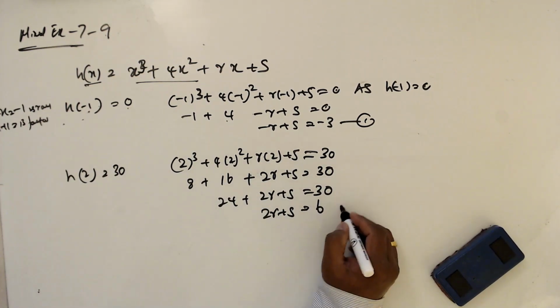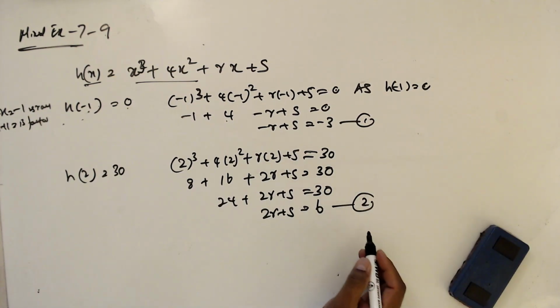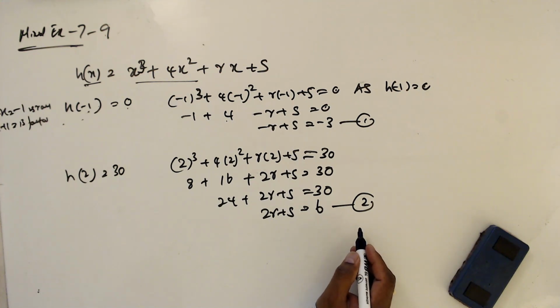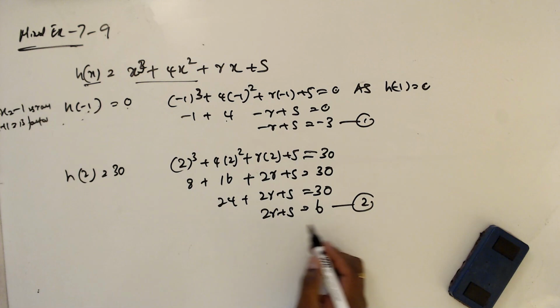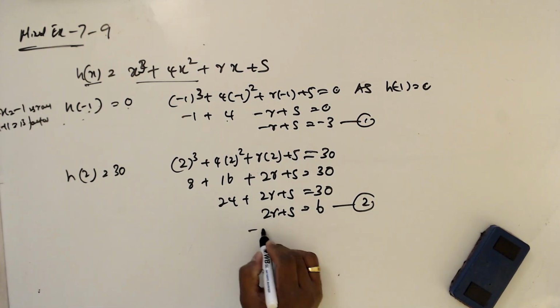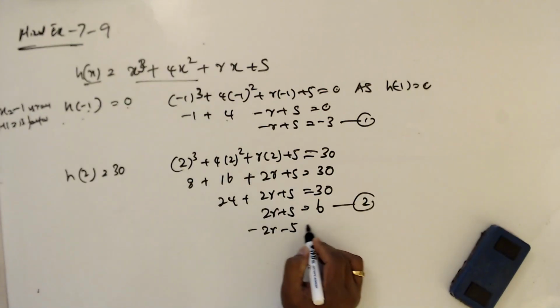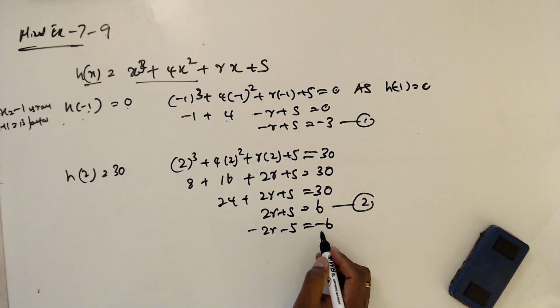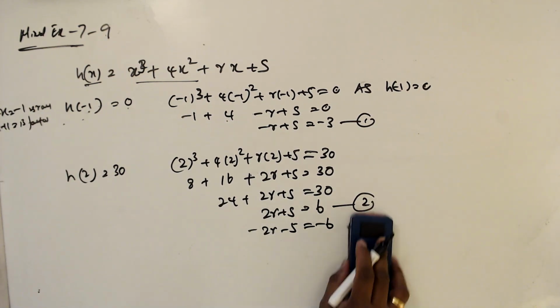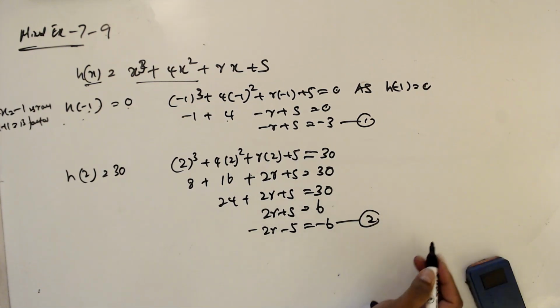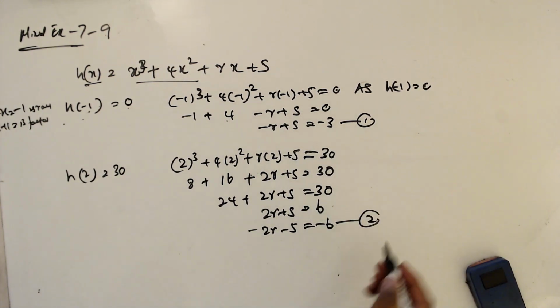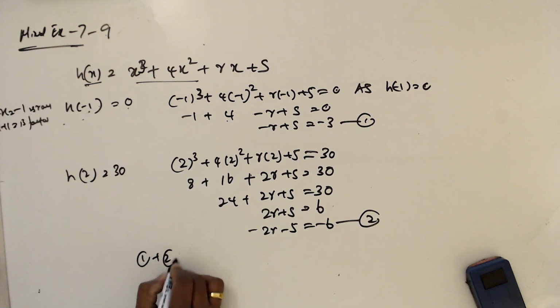When I take the other side, this is equation 2. Now I can see this is positive s, I am going to make negative s. So minus 2r minus s equals minus 6. I multiply everything by minus. Now I'll add those two, 1 plus 2.